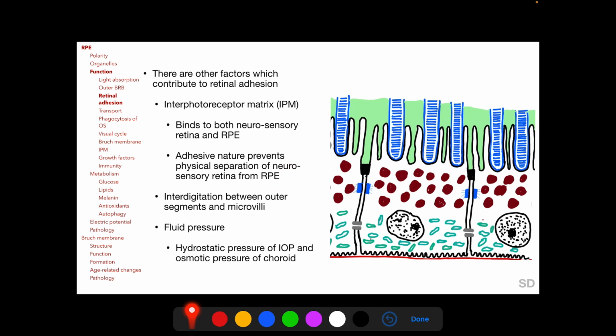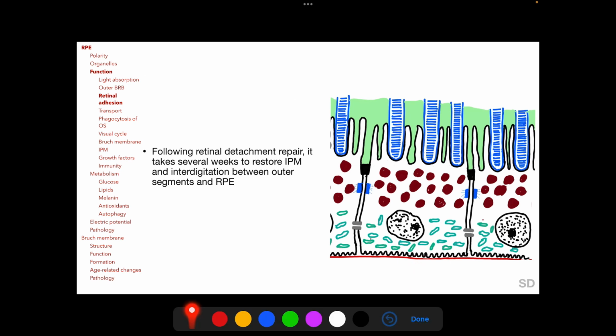The interdigitation between the outer segments of the photoreceptors and the microvilli of the RPE cell also contributes to retinal adhesion. And fluid pressure, both the hydrostatic force of intraocular pressure and the osmotic force of the choroid, contributes to retinal adhesion. Following retinal detachment repair, it may take several weeks to restore the interphotoreceptor matrix and interdigitations between the outer segments and the microvilli.